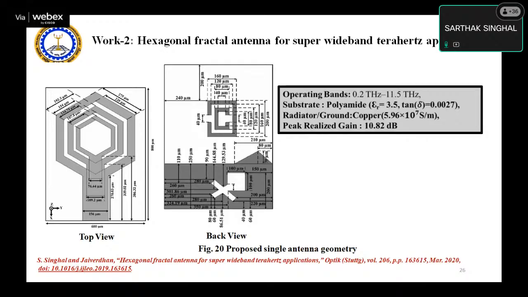Copper was used as the metallic conductor. A peak gain of 10.82 dB was achieved, and it had a size of 600 by 800 micrometers.